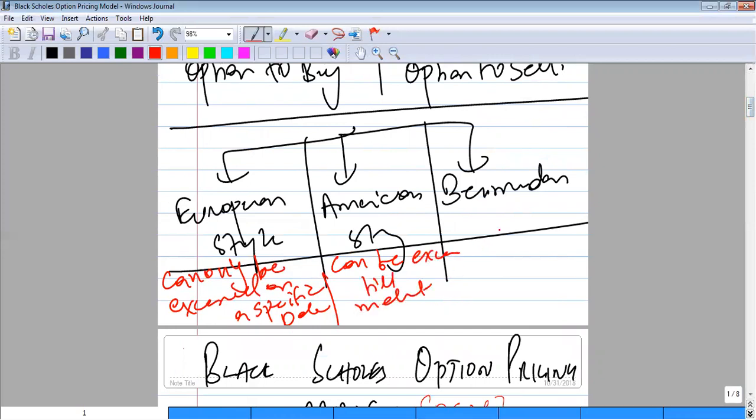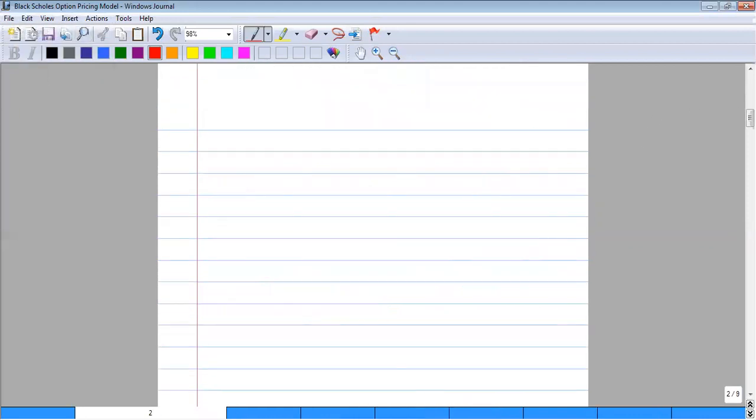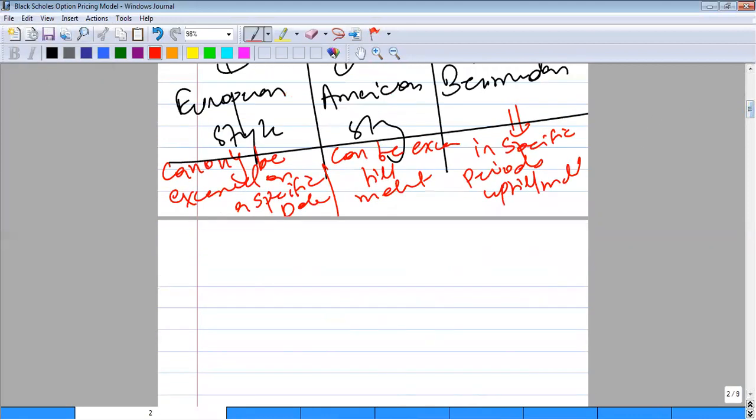Bermudan style options can be exercised in specific periods up till maturity. What do you mean by this? Whenever you come across an option, whether it's a currency option or any other option, you will have an expiry date. Let's say the expiry date or exercise date is 31st December 2018.